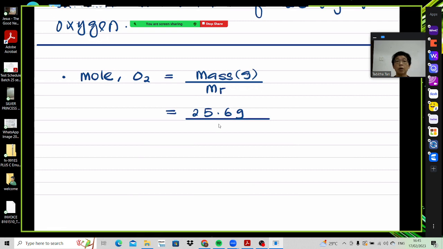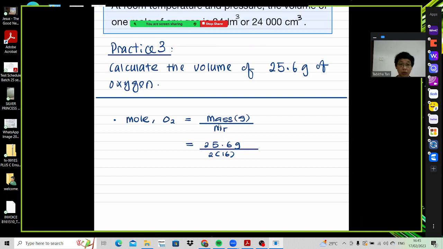If you can't remember, no worry, go back to the periodic table. One atom of oxygen is 16, and there are 2 pieces, so put in 2 pieces of 16. Or if you want, you can work it out separately.